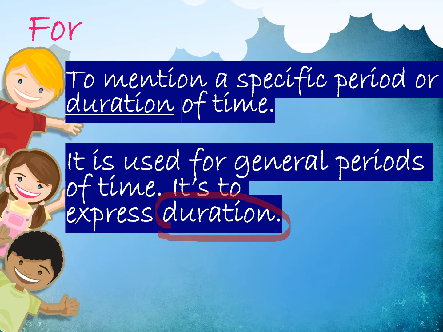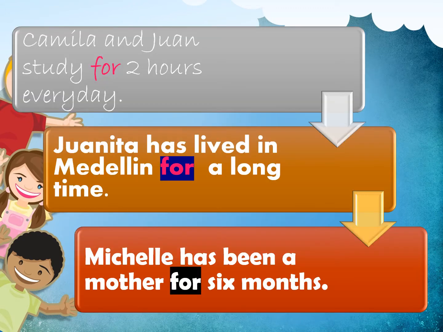Duration is the length of time you did something or you are doing something. For example, 2 hours, or from Monday to Wednesday. That's duration. Okay? Let's have an example so that you can understand it fully.